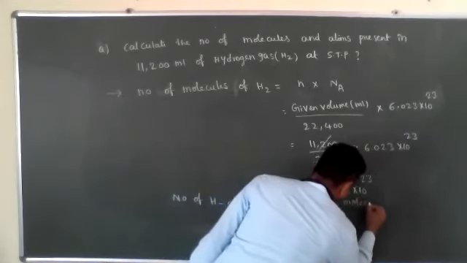One by 2 into 6.023 × 10^23 is 3.011 × 10^23.